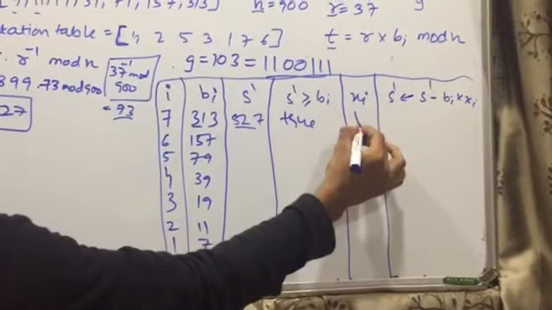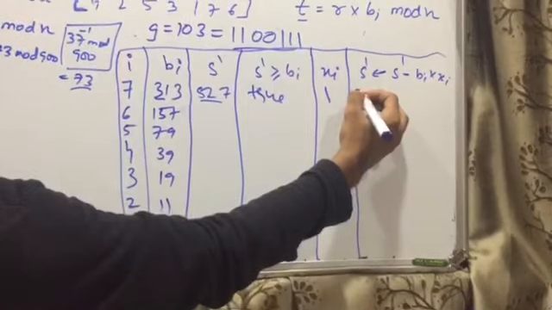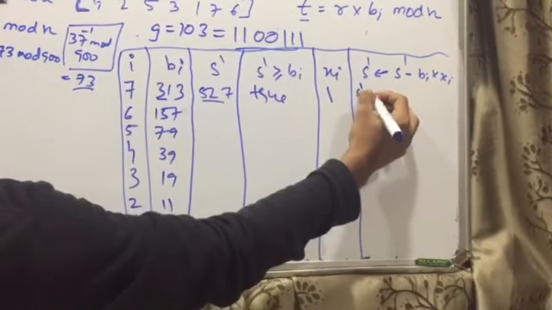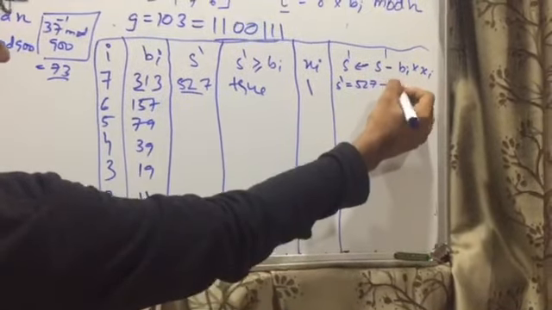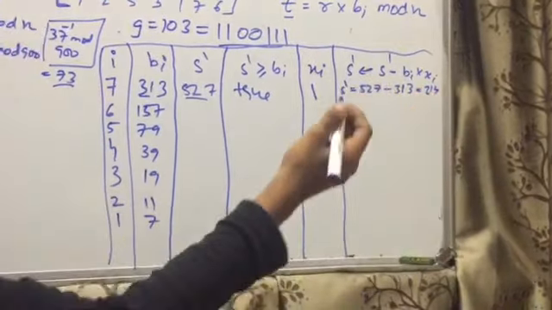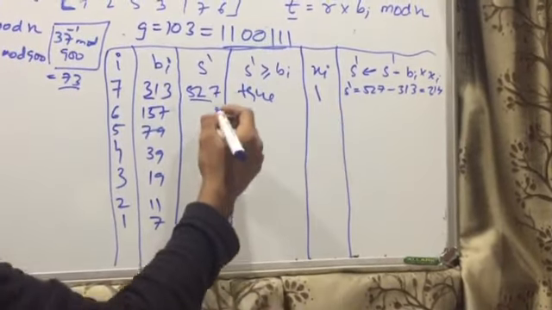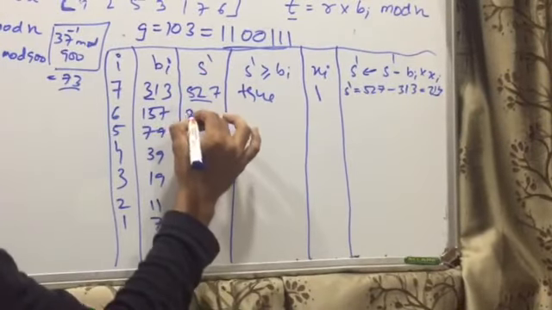You have to write 1 over here, so the new S dash will be 527 minus BI 313, which will be, I guess, 214. Okay, alright, 214. So now you have to write this 214 in the next row.